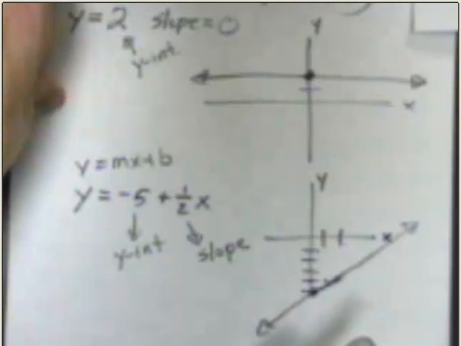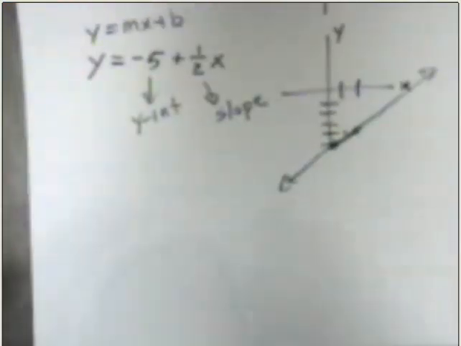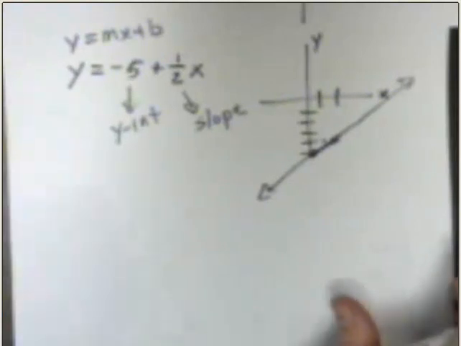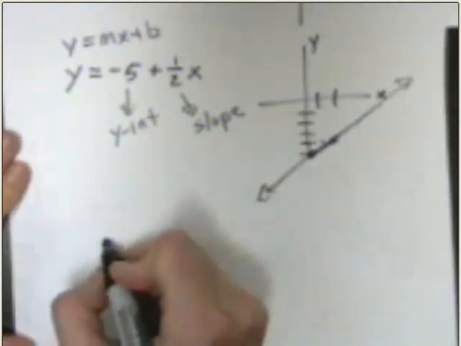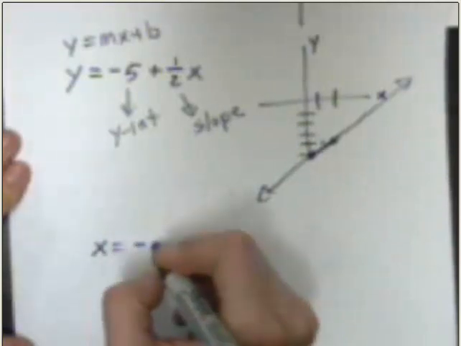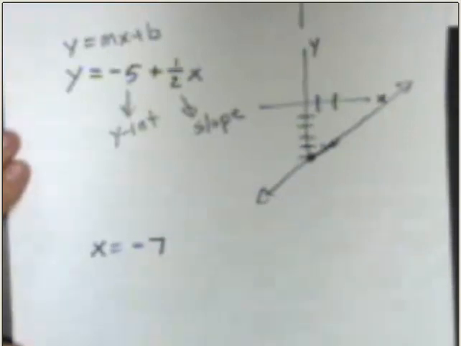Let's look at one other option for a line with a slope. You've really seen basically all the options for right now. X is equal to -7.